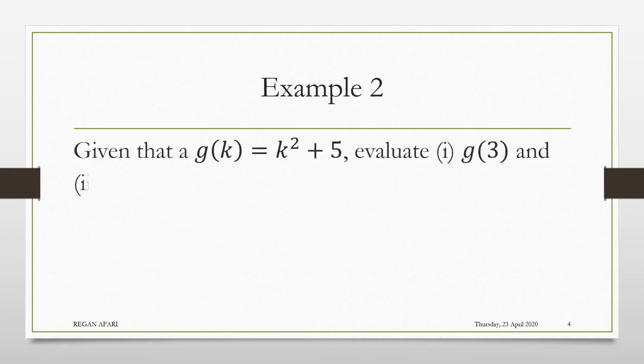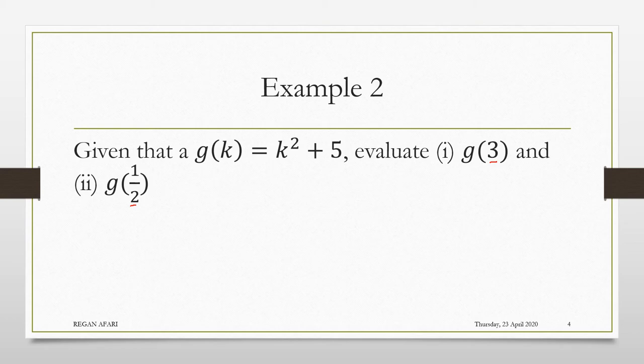Let's consider another example. Given that g(k) is equal to k squared plus 5, you are to evaluate g(3) and then evaluate g(1/2). The first one we saw was f(x), and this is g(k). That should tell you that functions can take any letter. It's not supposed to be only f, and the input is not supposed to be only x. It could be k, it could be any other letter.